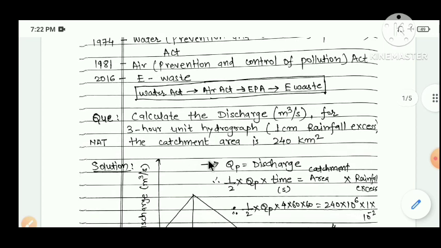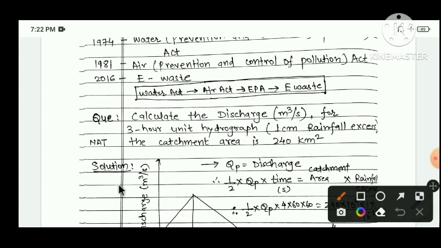Moving to the next question, it was like: calculate the discharge in meter cube per second for a 3-hour unit hydrograph, 1 centimeter rainfall excess. The catchment area was given as 240 kilometer square. Please check whether the value of the catchment area was 240 kilometer square or 250. I am not sure whether it is 240 or 250.